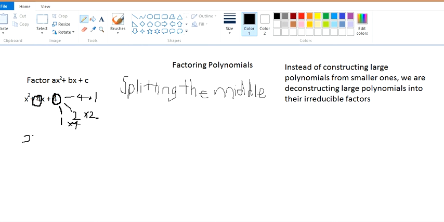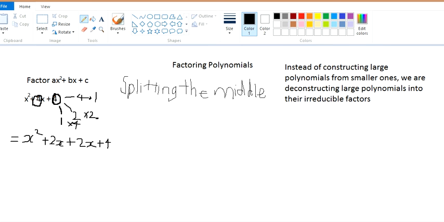So what that will look like is x squared plus 2x plus 2x plus 4. So now as we can see, we have separated 4x into 2x plus 2x.